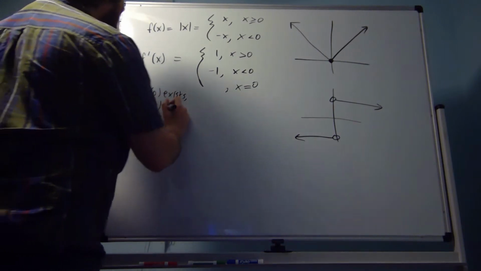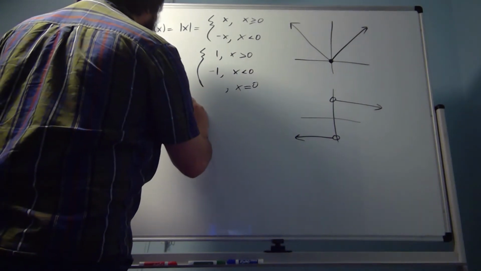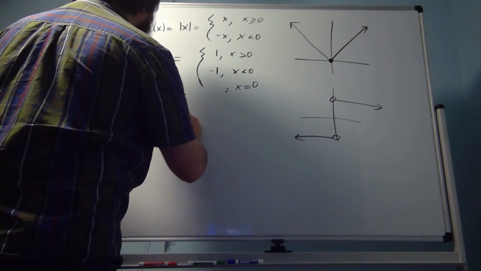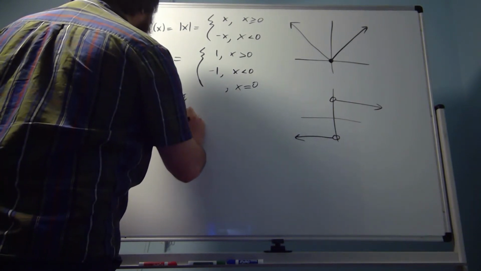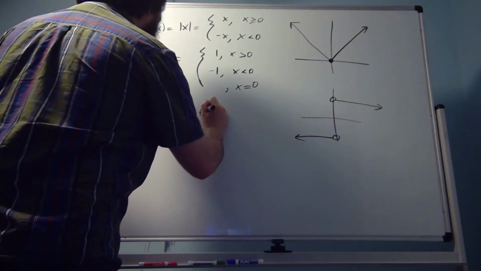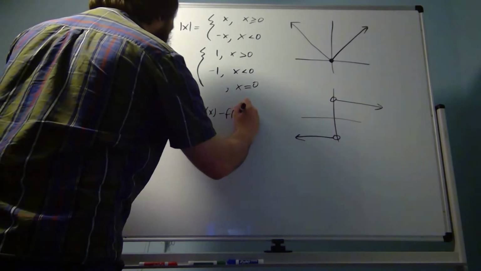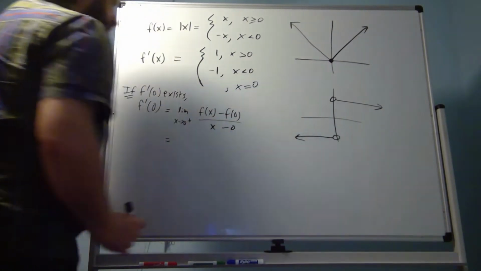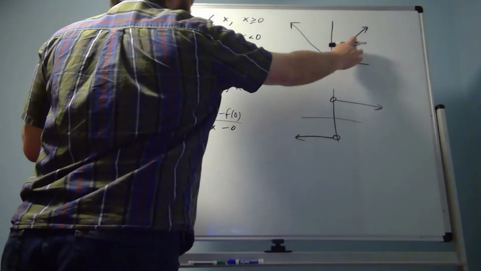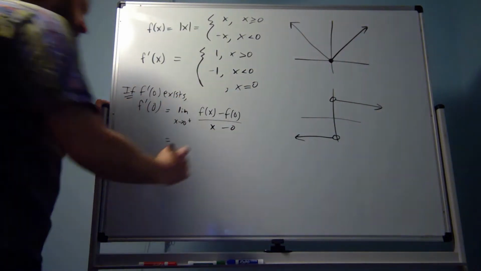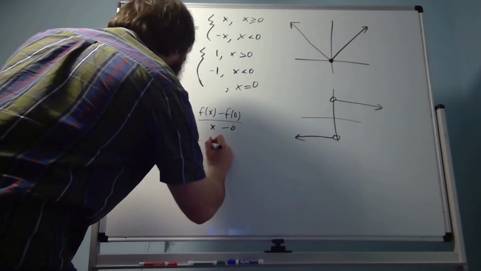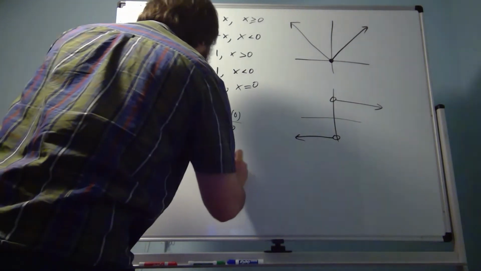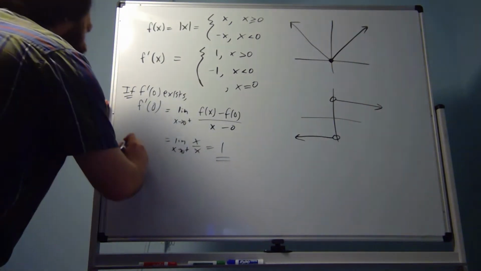Okay, so if f prime of 0 exists, then f prime of 0 equals the limit as x approaches 0 from the right of (f of x minus f of 0) all over (x minus 0). The absolute value function, if x is approaching 0 from the right, is just x over x, so the limit as x approaches 0 from the right is 1.